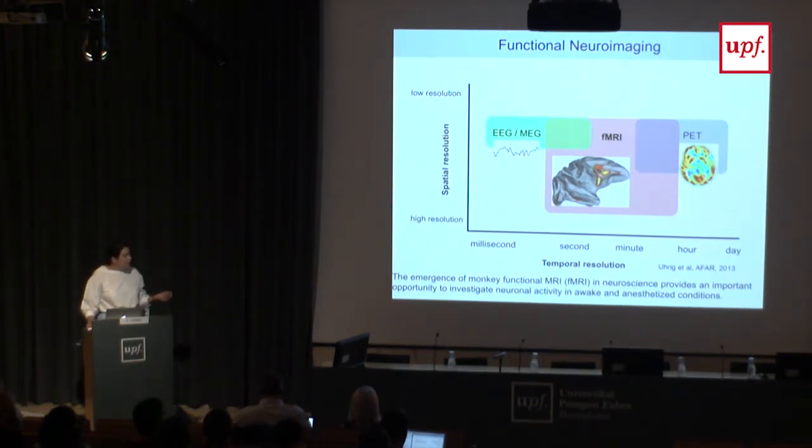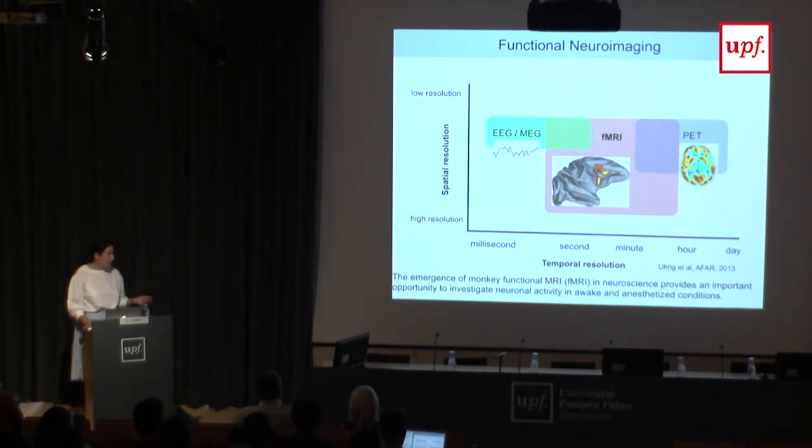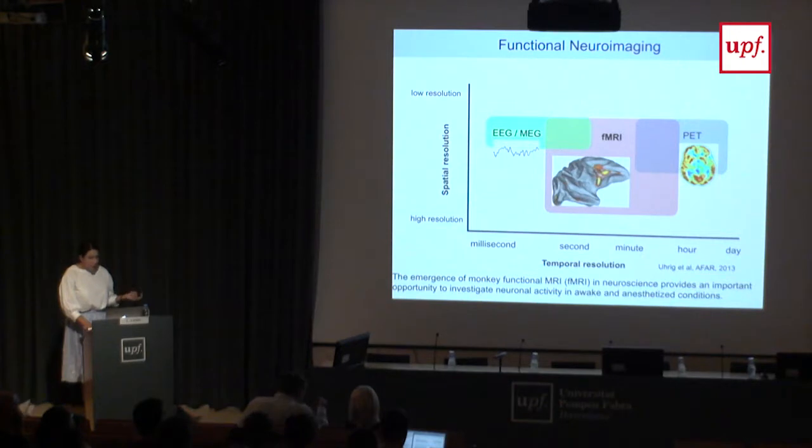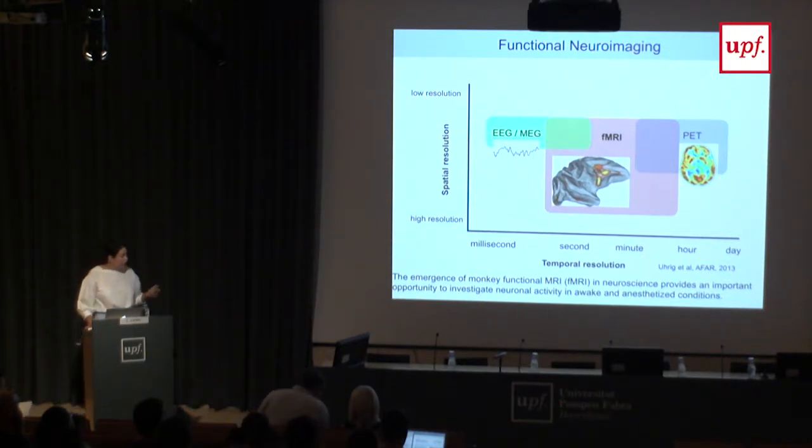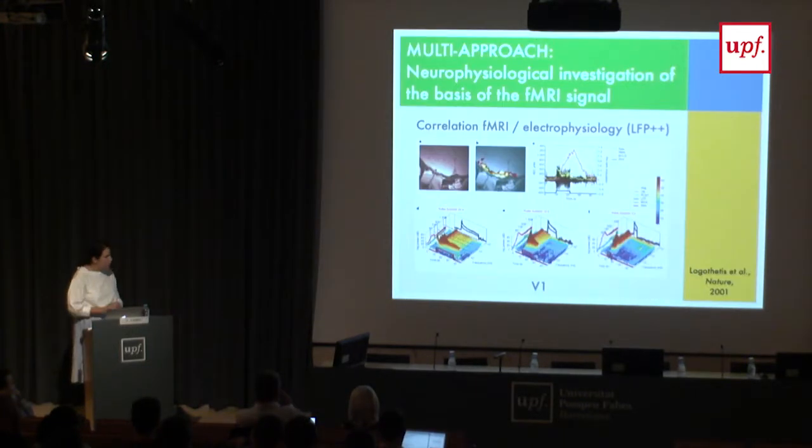We use functional MRI because it is a good compromise between good temporal resolution and good spatial resolution, since you can study the cortical regions but also the subcortical regions in the monkey. All the studies I show you afterwards were done in macaque monkeys in the lab, and fMRI studies of monkeys have been quite developed over the last 10 to 15 years in different labs around the world.